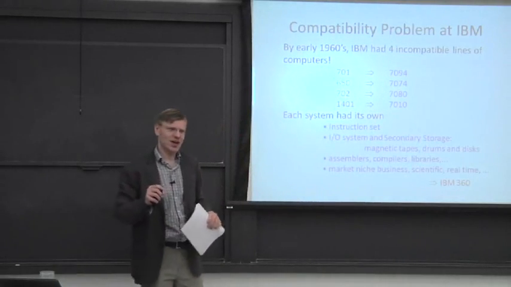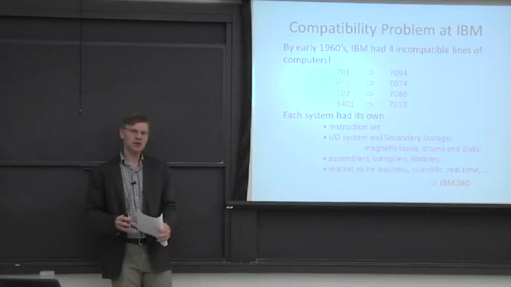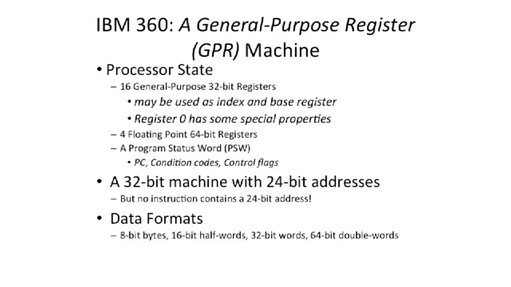So they could unify a lot of their software systems, unify a lot of what they built, but still build different versions. Let's take a look at the IBM 360 instruction set architecture, and then talk about different microarchitectures that have been built of the IBM 360.